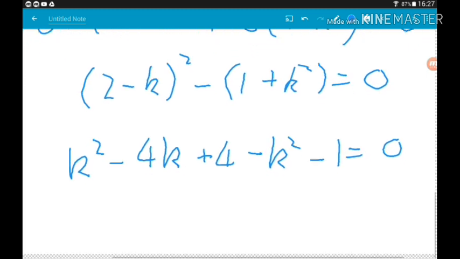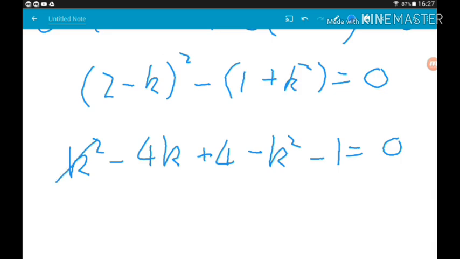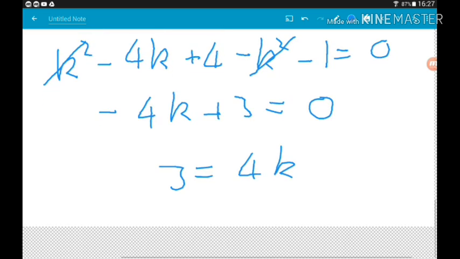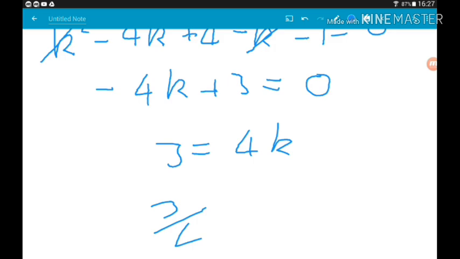So the k squareds cancel out, and we've now got minus 4k plus 3 is equal to 0. Almost there, so we can then say 3 is equal to 4k, and then divide by 4, 3/4 is equal to k. So that's our value of k that makes the straight line a tangent to the circle.